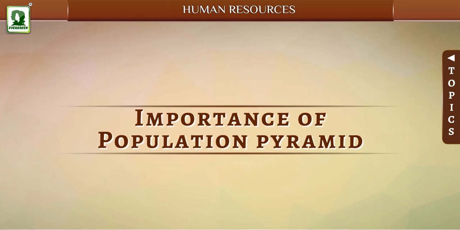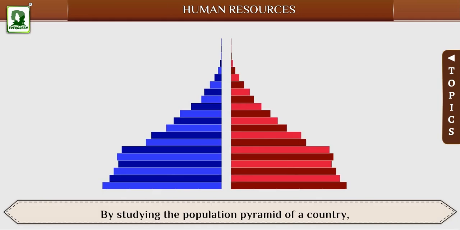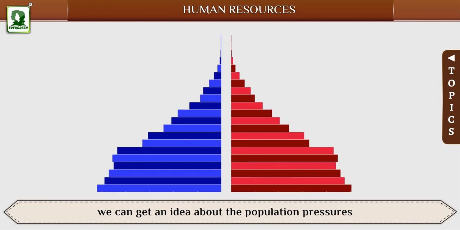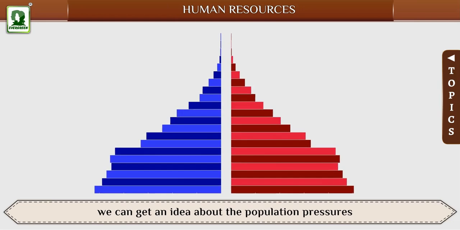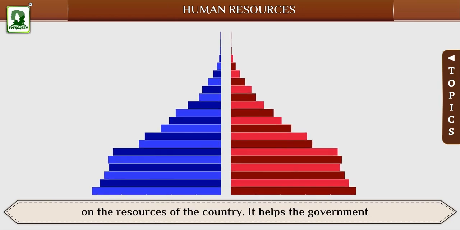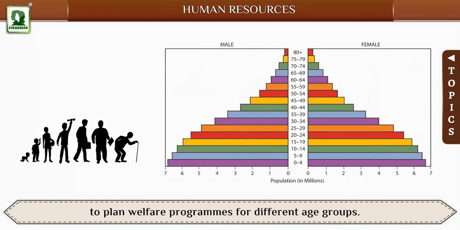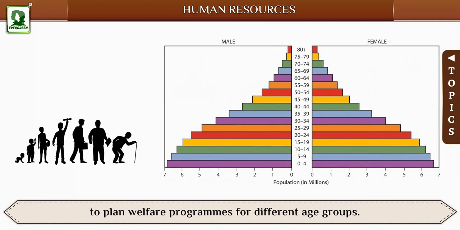Importance of population pyramid. By studying the population pyramid of a country, we can get an idea about the population pressures on the resources of the country. It helps the government to plan welfare programs for different age groups.